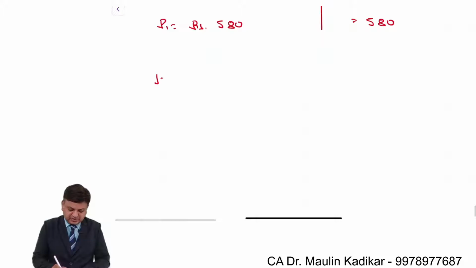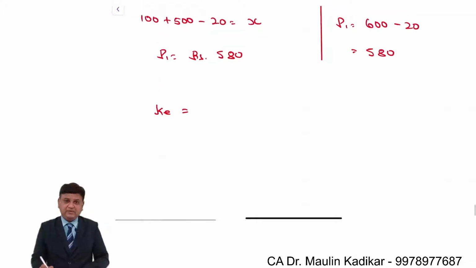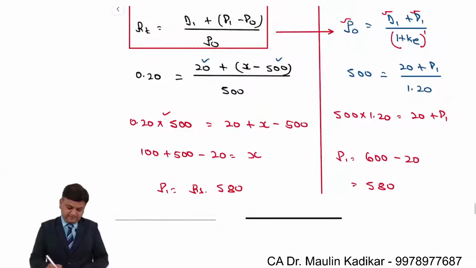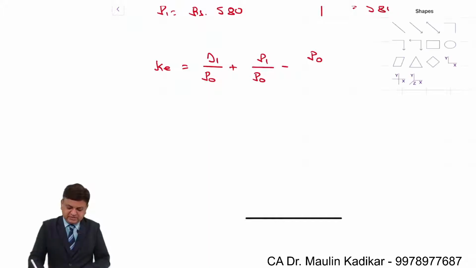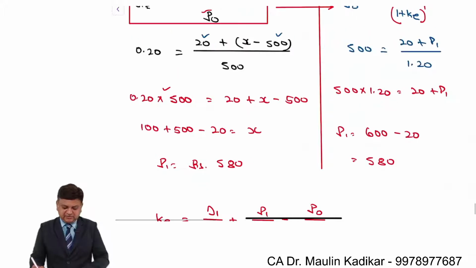Return is replaced with K, because the return should be equal to K. D1 upon P0 I am writing, plus P1 upon P0, minus P0 upon P0, that is what I am writing, because P0 is in the division.